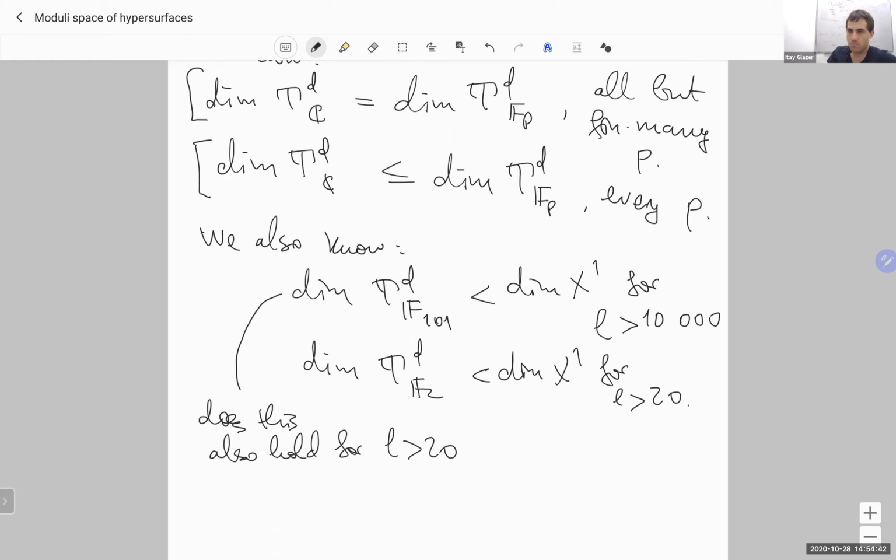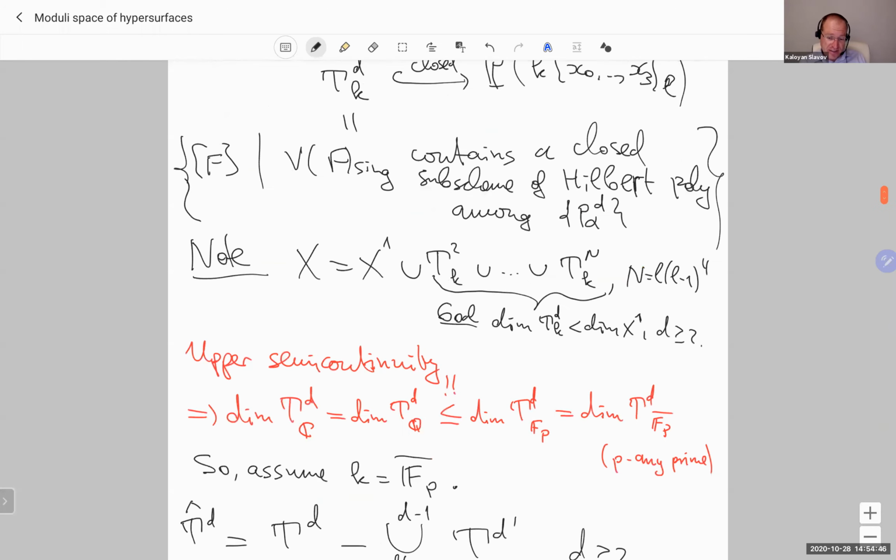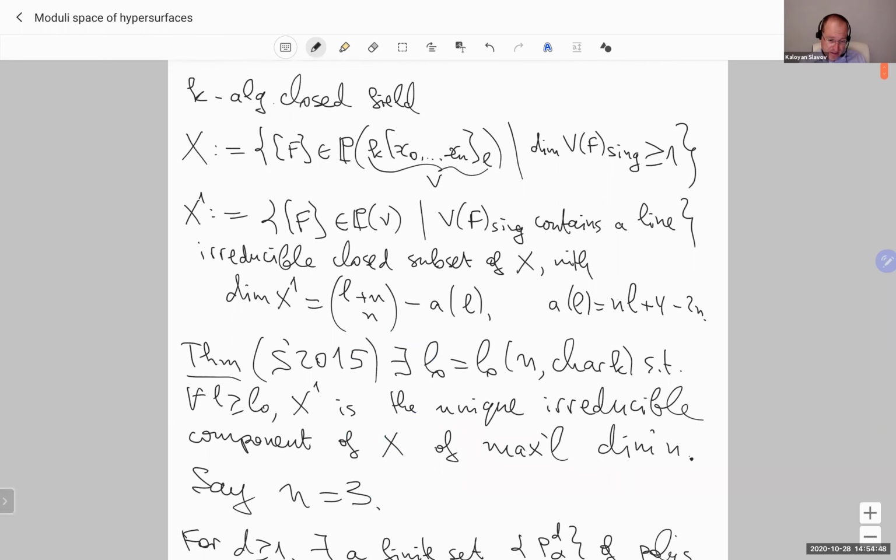Okay. Yes, you're right, I don't have to state it like that. There exists an L0 such that for all larger L, I can say it this way. The reason I state it this way is that I emphasize that if the characteristic is small, we can give a better bound for L0. But you're right, I agree with you.